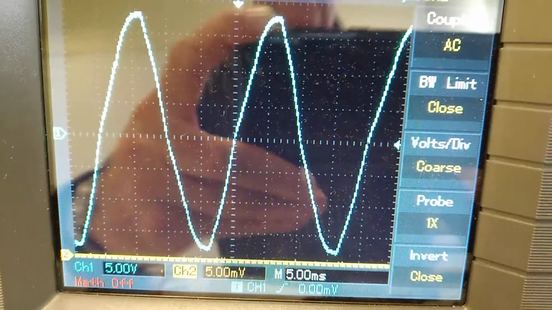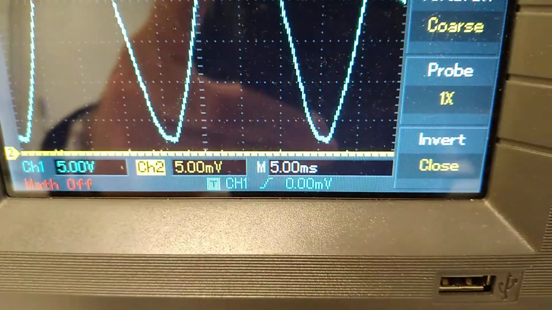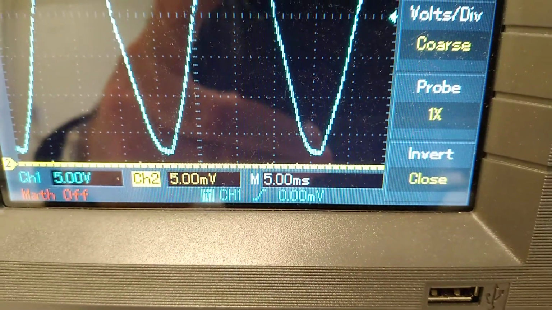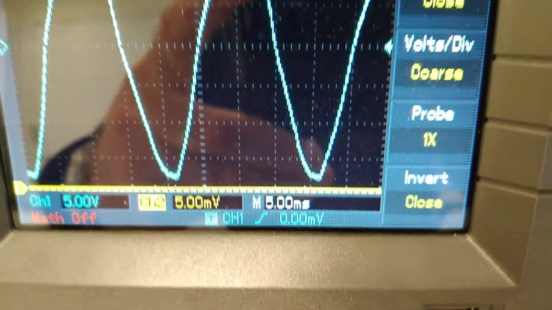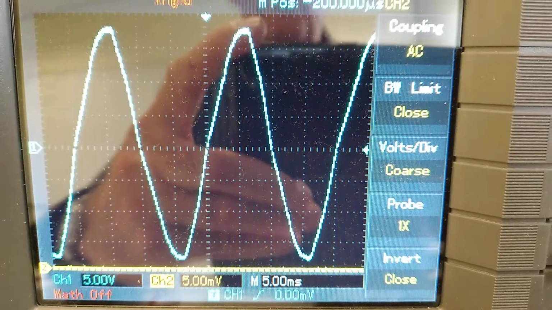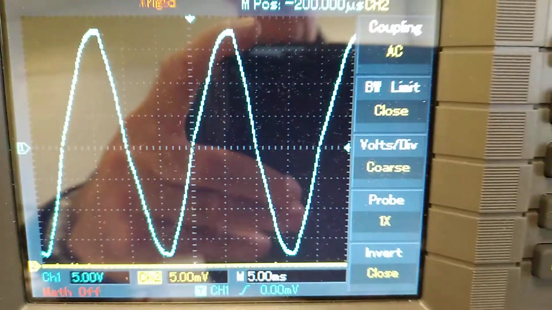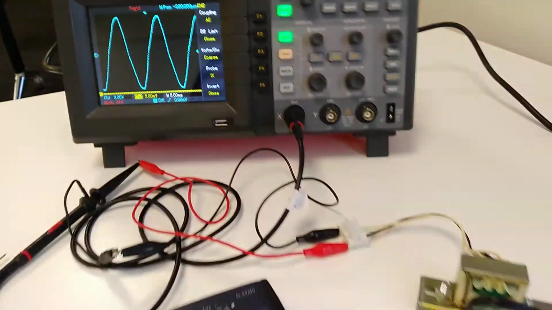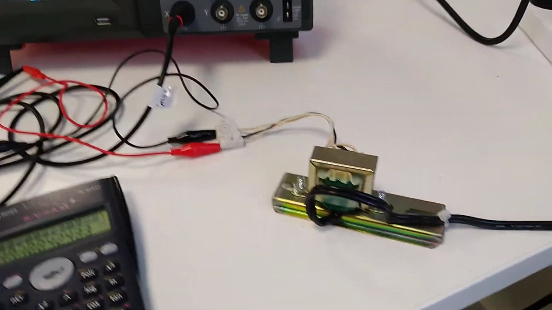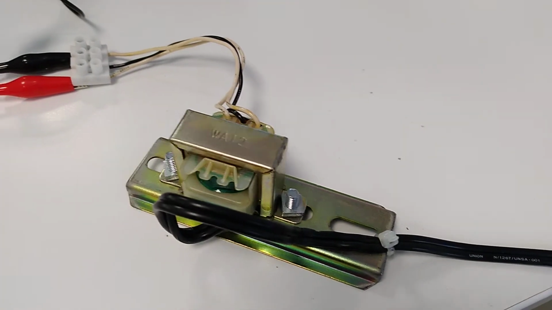And I'm looking there at 4 divisions, and my value here per division is 5 milliseconds per division, and so 5 times 4 is 20 milliseconds, and that value works out at 50 cycles per second, or 50 Hertz.